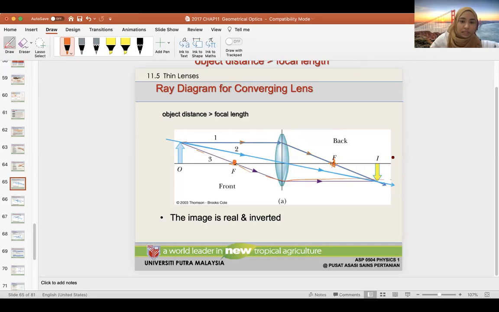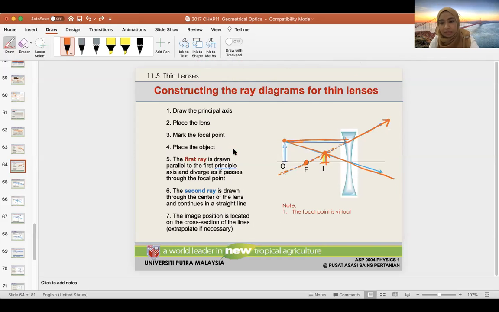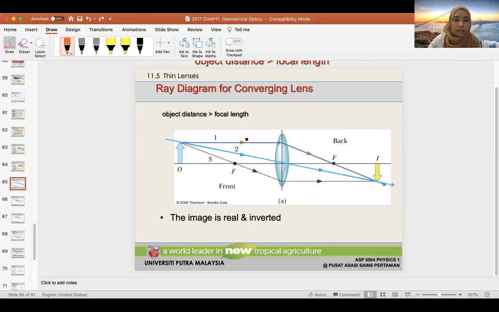So this is your third ray actually, which is confusing in my opinion, but you can do it. Remember, a lens has two focal points. If you decide to place your object at a greater distance than the focal length, you can draw three rays. It's possible, but confusing. But never mind, let's do it.